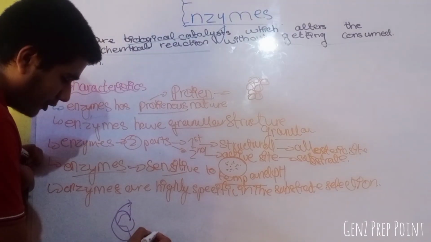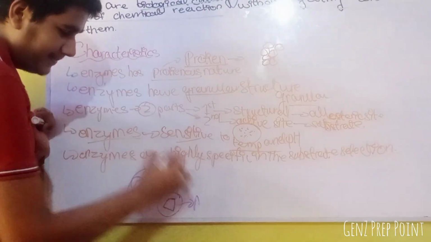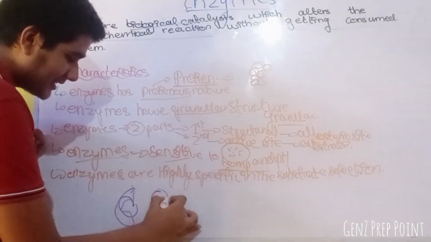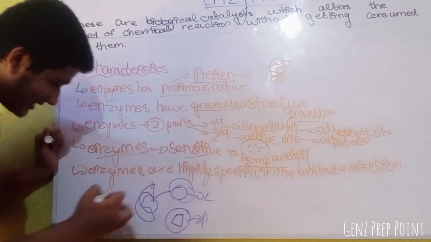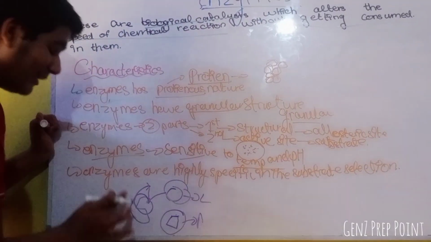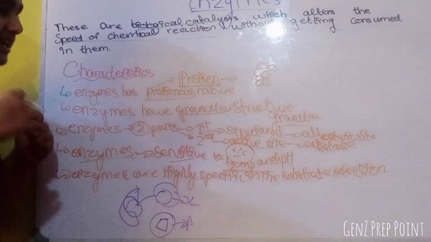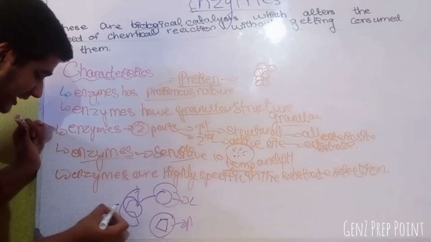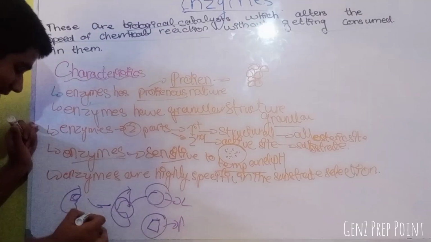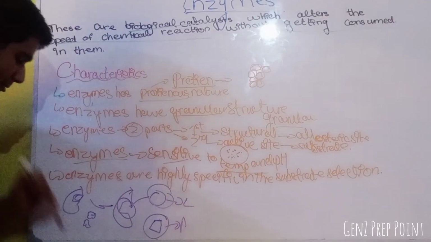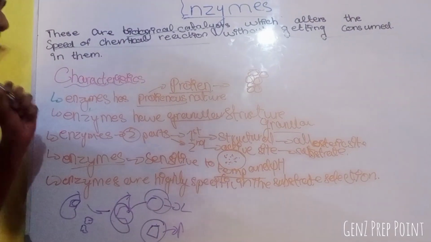This is a protein enzyme, with a substrate of protein, whereas this is a lipid. If this lipid attaches to this site, it's not possible, there will be no process, the lipid won't be broken down, because enzymes are highly specific. When the protein comes, they form this structure, and then it will break down into smaller products, product 1, product 2, which you all say are amino acids. So they are highly specific.